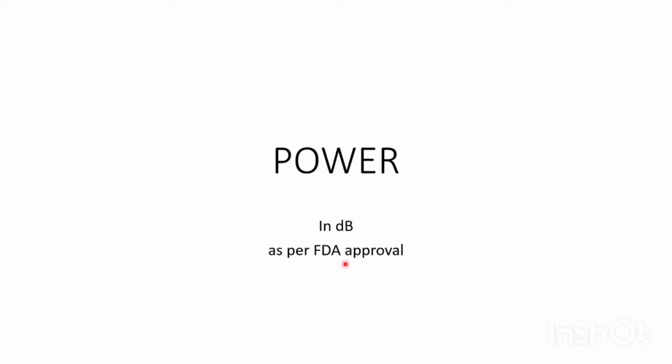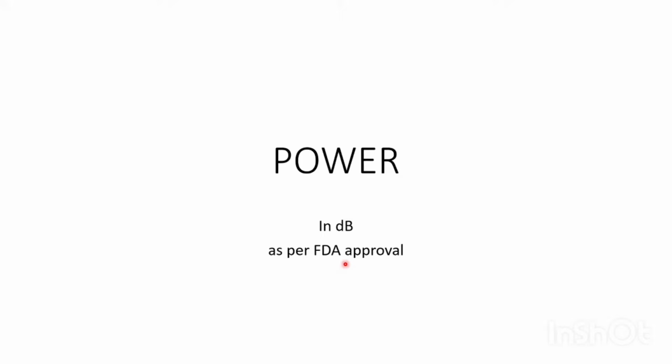So it is always better that we utilize the maximum power, and it will be generally safe. And that safety is based on the mechanical index and thermal index, which we have briefly talked about, and which we'll talk about later.